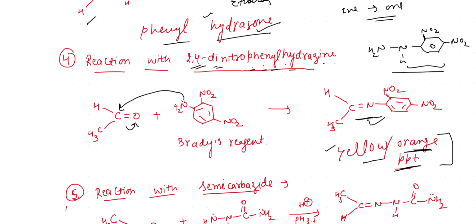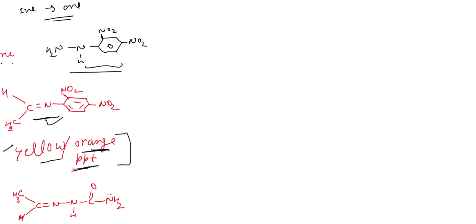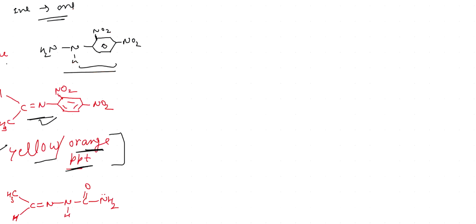Yeah, so this reagent is also used for the identification of aldehydes and ketones. When there are three compounds, one is an aldehyde, another one is a ketone, and an acid, you have to identify which is your aldehyde, ketone, and acid. In the first tube, you have taken the aldehyde, in the second test tube, you have taken the ketone, and in the third, there is the acid.